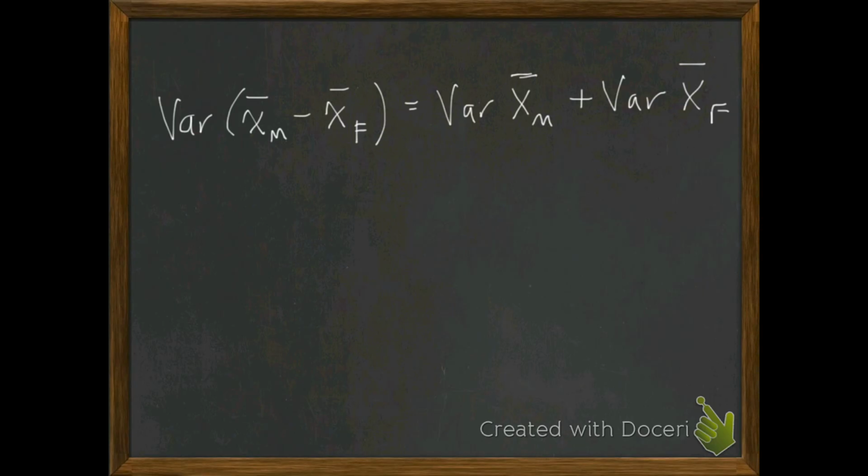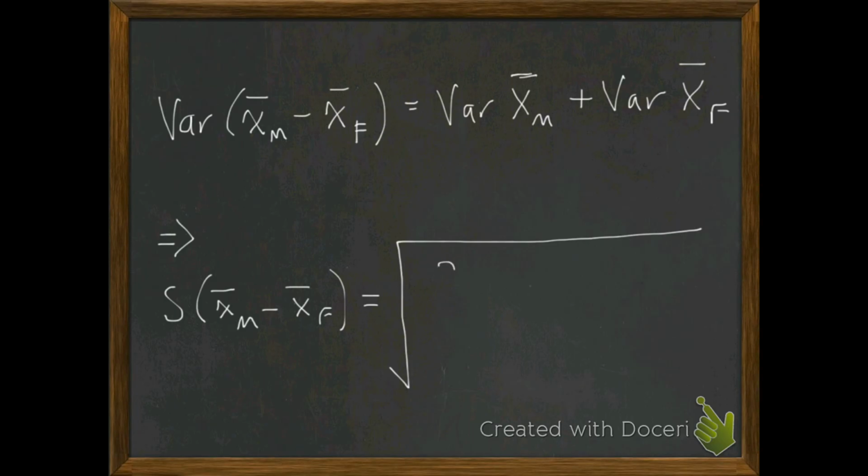So what we get into here, if we want the standard deviation, which is called the standard error, it's just going to be the square root of S_p squared over N2.